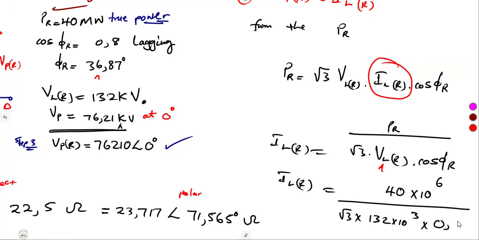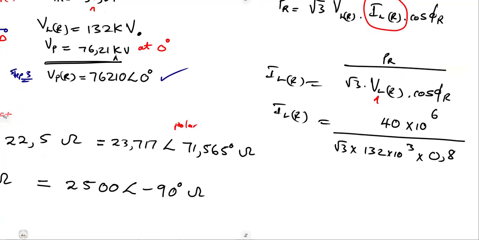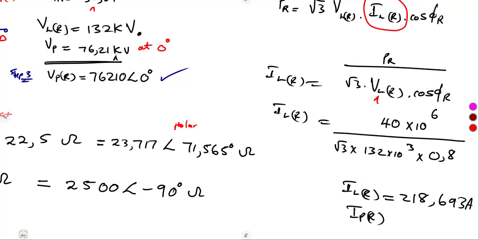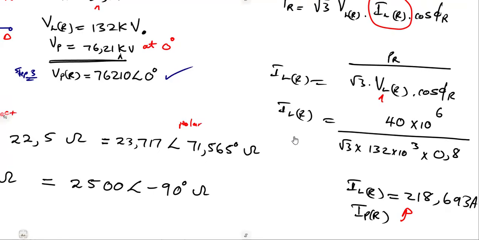That gives us the line current for the receiving end, which is 218.693 amps. But remember, I said this one and the phase current will be exactly the same. So we have got the current there.